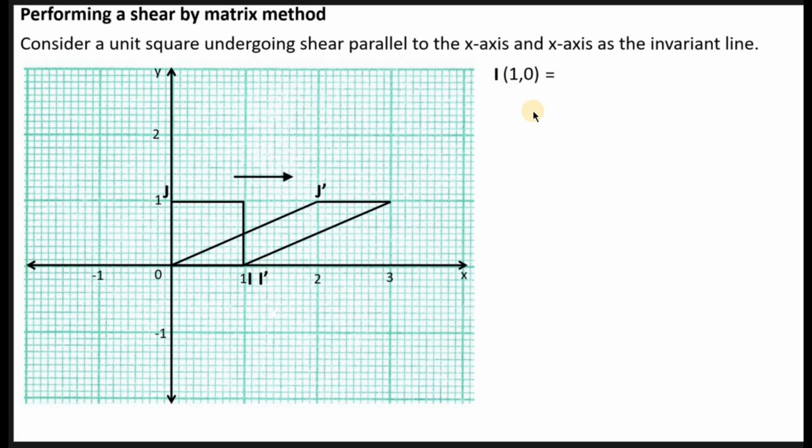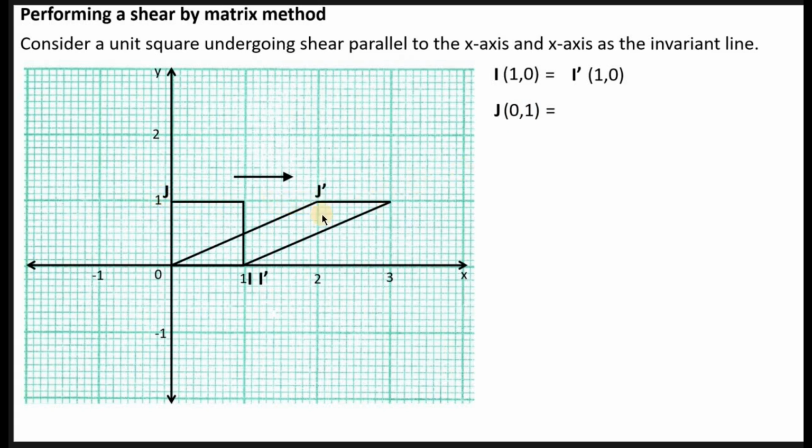Then it is transformed to this image point I prime. This I prime is still (1, 0), because it is still at the same fixed point. Then if we go to J, the object point coordinates are (0, 1), and it has been sheared to this new position.